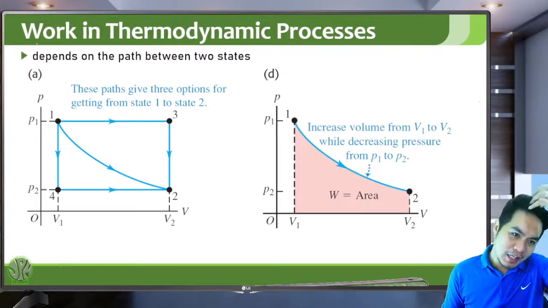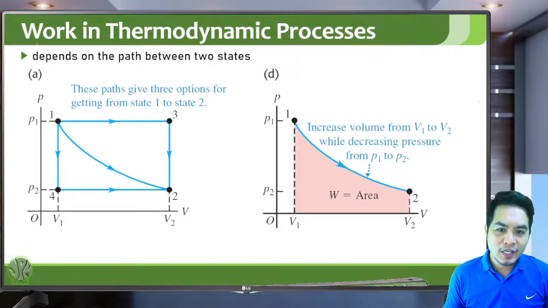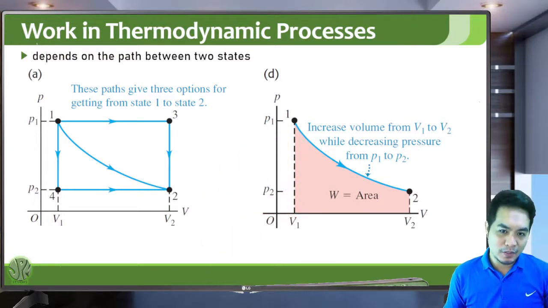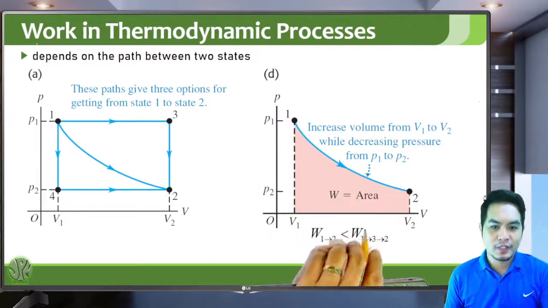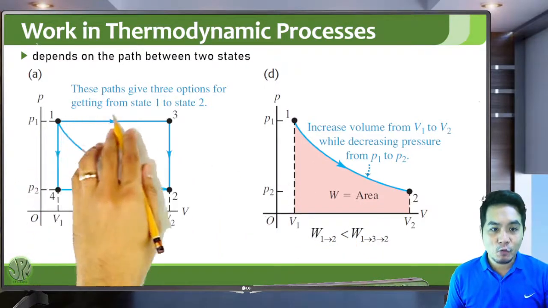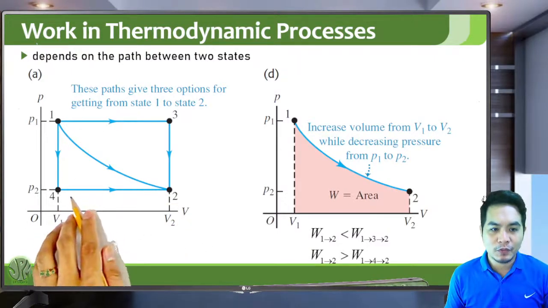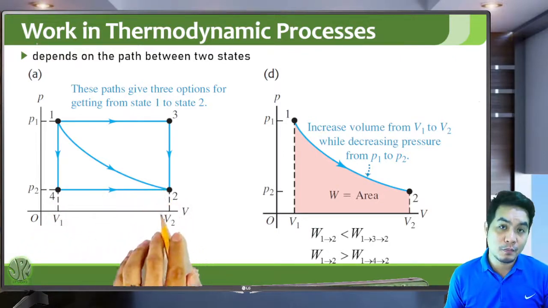So lastly, in the direct curved path from 1 to 2, path number 3, you expand the volume from V1 to V2 while decreasing the pressure from P1 to P2. And the work done here is the area under this curve. It's much lesser as compared to the work done in the process 132, but it's greater than the work done in the process 142, because in the process 142, the work done is equivalent to the area of this small triangle here.